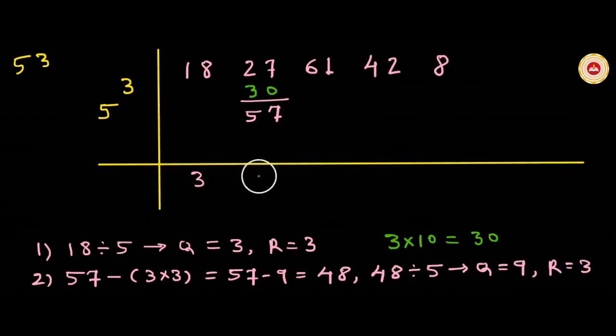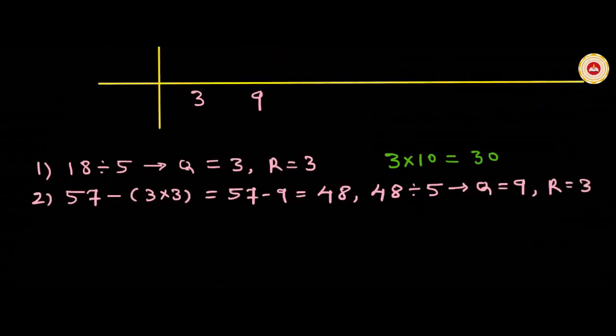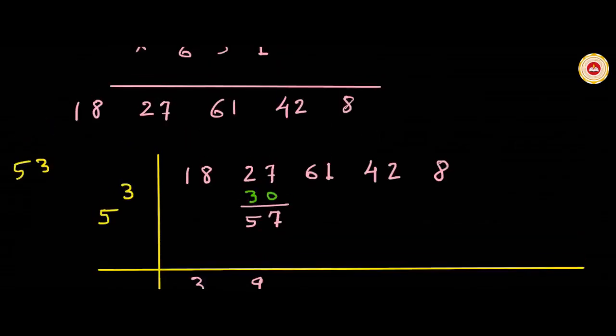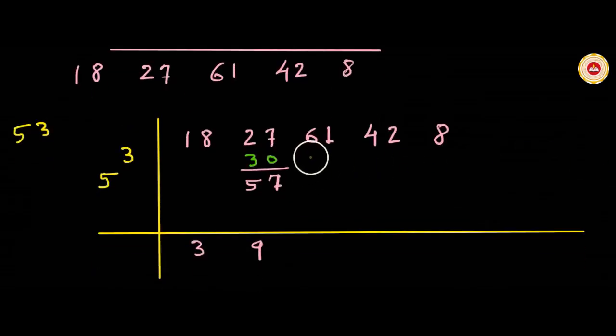So write quotient digit 9 below gross dividend 57 and how to write remainder 3. See, multiply 3 by 10, you get 30. Add this 30 to next part.